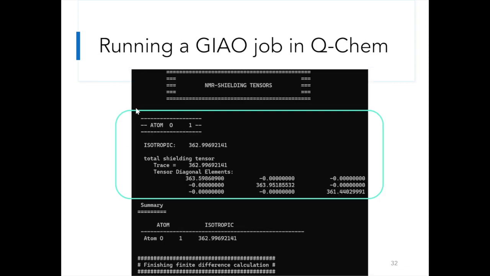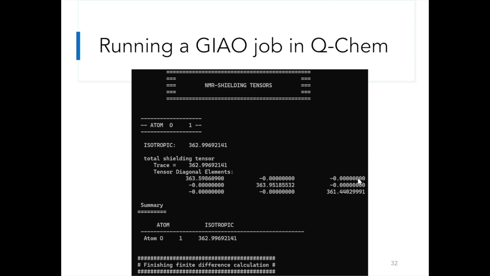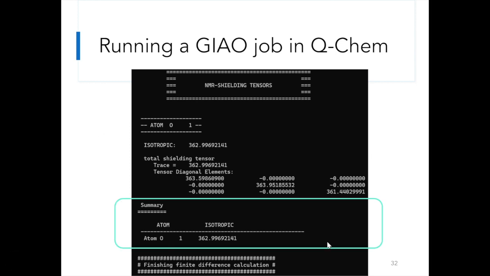Right, so what comes out of this calculation is this printout. This is the NMR shielding output example. First, for each nucleus, we print out the full tensor, and then we print out the isotropic contribution. Then we have the second part at the end, which is a summary.